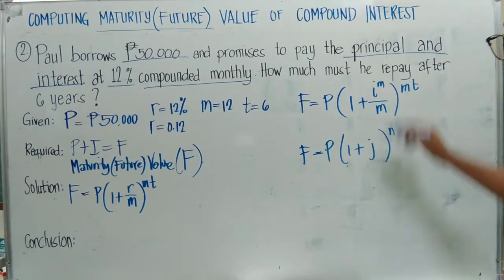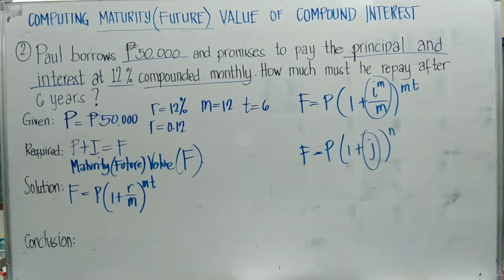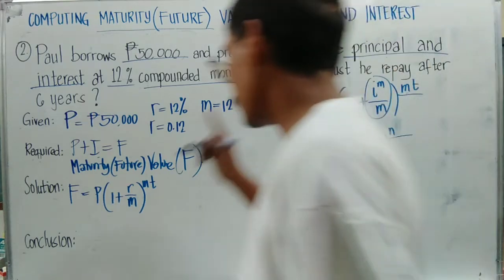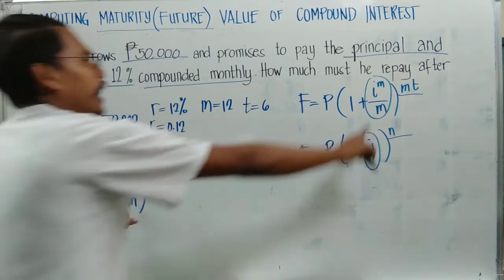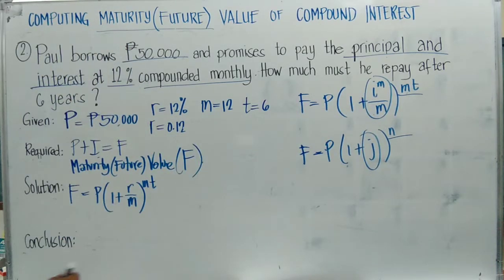Okay, or this one. So I'd explain that i raised to m over m is equal to J, and m times t is equal to N. So it's up to you what formula you will use, but if you'll be asking me, I will be using this one. So R and i raised to m are the same.